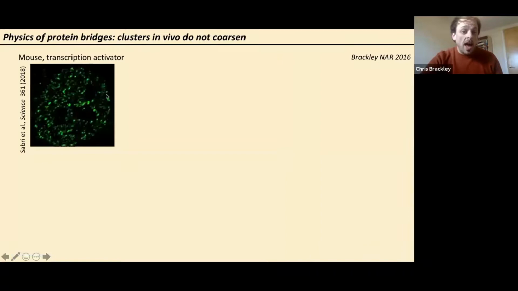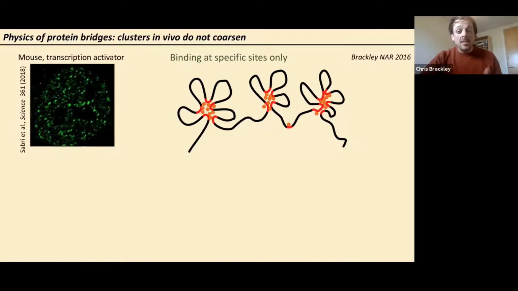But if you look at some images of fluorescently labeled chromatin binding proteins, you tend to see lots of small spots. So these are small clusters and they don't coalesce into one large cluster. To achieve that in our simulations, we added another feature to the model. Instead of allowing the proteins to bind anywhere on the chromosome, which was the case in that movie I just showed, we said that there are some specific binding sites.